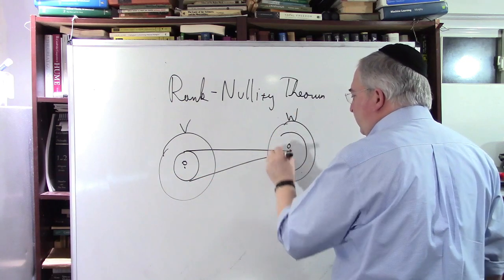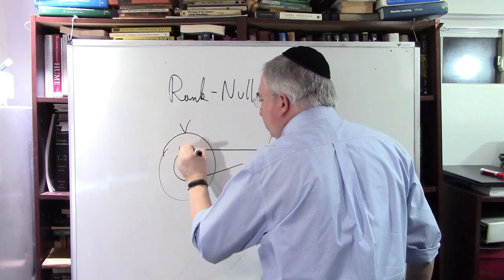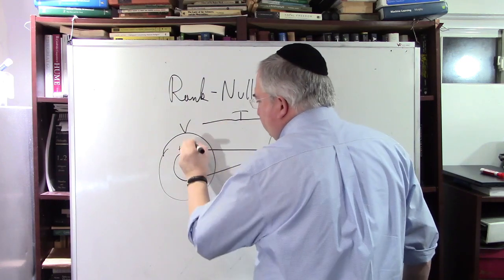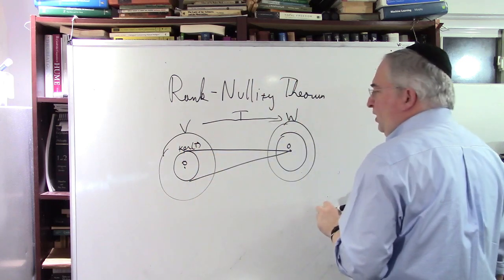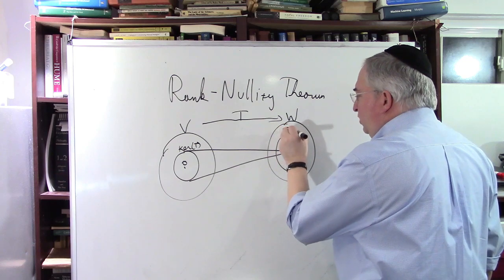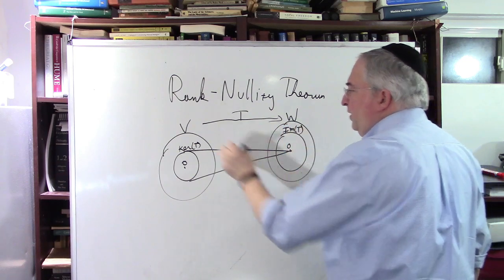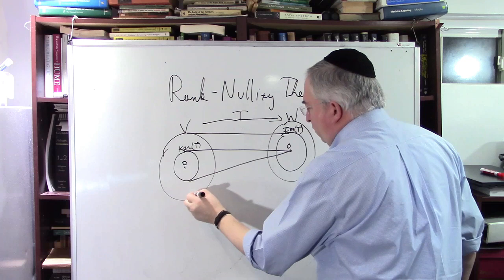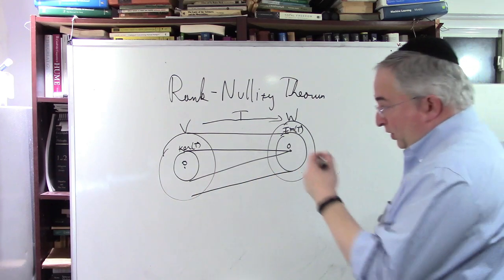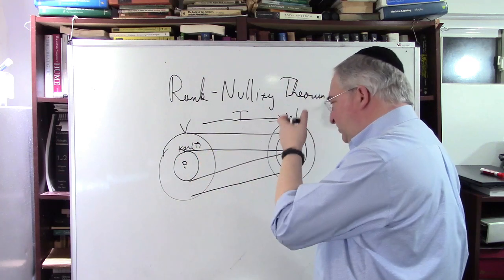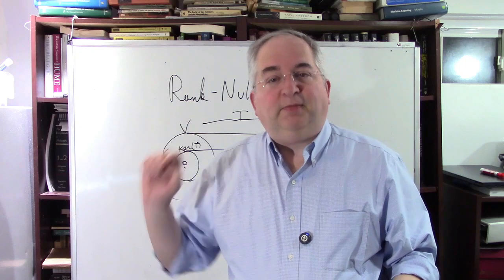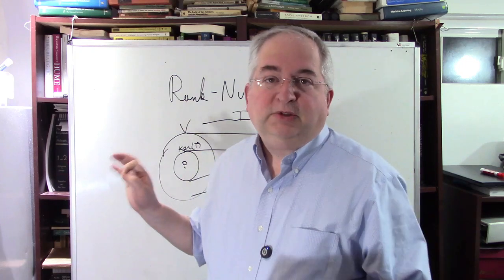So let's write that: the kernel of T, where T goes from V to W. And we have the image of T, which is basically where all the outputs go. We saw this is a subvector space, and this is a subvector space, but we want to relate all these things in terms of dimension. That's why this theorem is so fundamental.